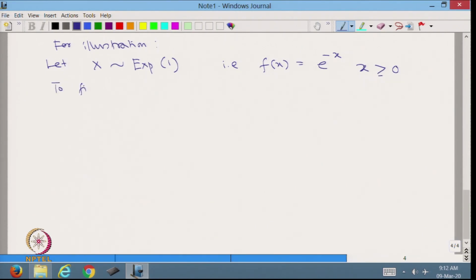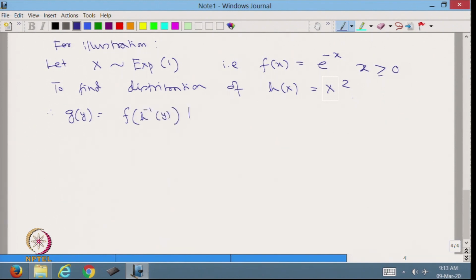To find the distribution of h of x is equal to x square. Therefore, g of y is equal to f at h inverse y multiplied by dx dy.